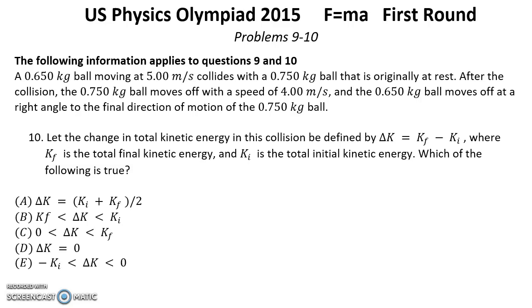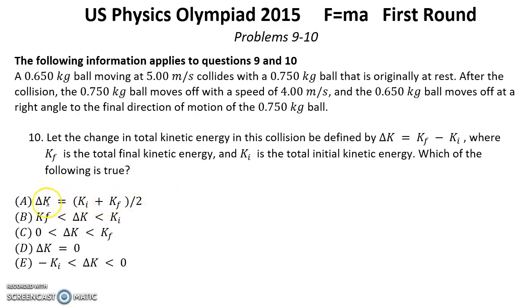It means that the final kinetic energy is less than the initial kinetic energy, and we can tell that delta K must be negative and less than Ki in value. From this point we can check our answers.